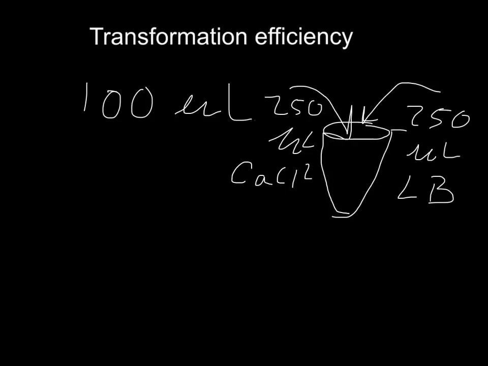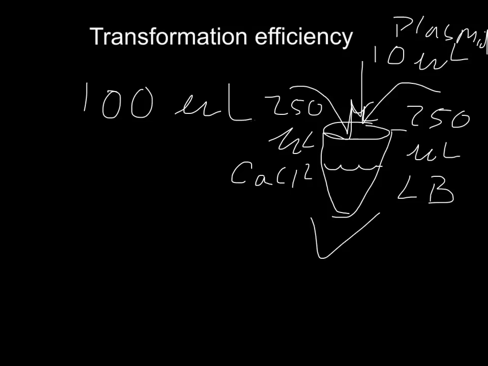So right now that's 500. And the last thing that was added, you can't forget, is your 10 microliters of your plasmid. This gives you a total of 510 microliters. This is going to be your total volume.